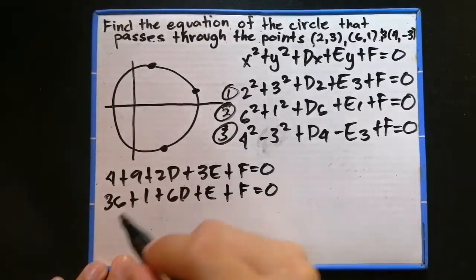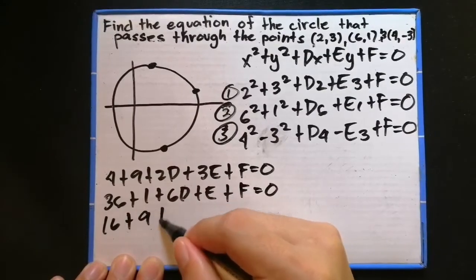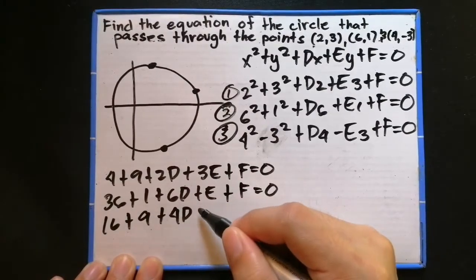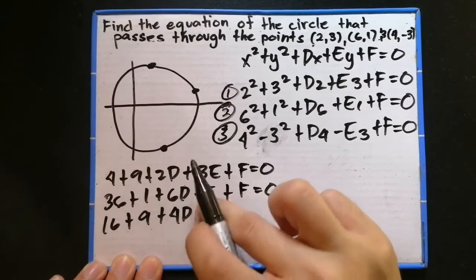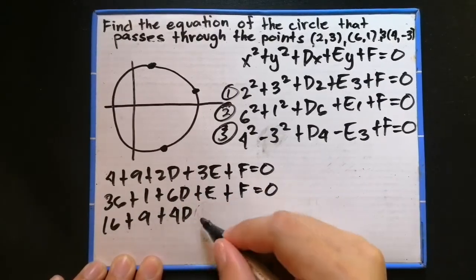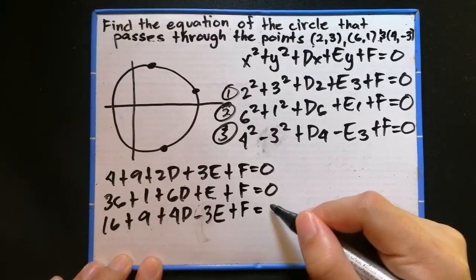Then in equation 3, 4 squared is 16 plus 9 plus 4D minus 3E plus F is equal to 0.